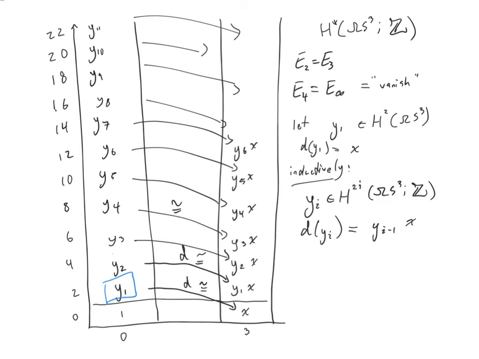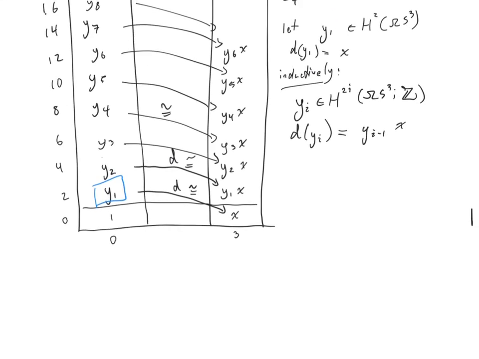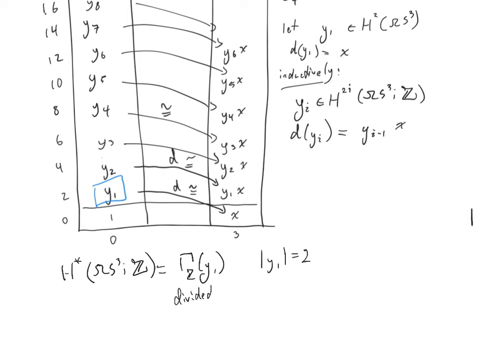And you get this from the Leibniz rule. So the claim is that H upper star of loops S3 with integer coefficients is a divided power algebra on y1. Which you'll recall means that multiplication behaves like these are supposed to be.